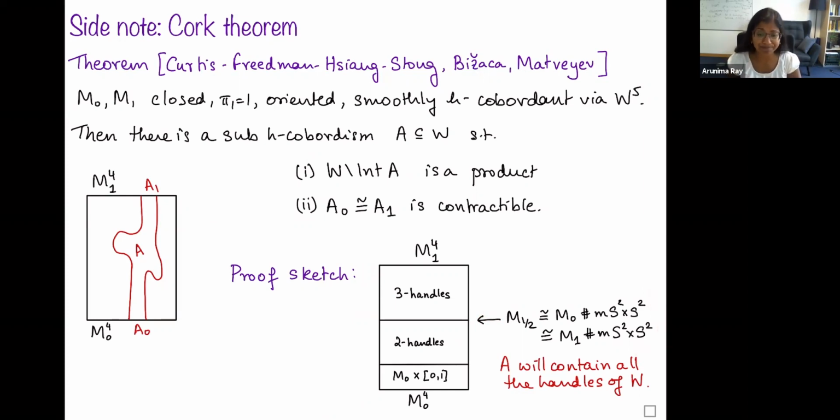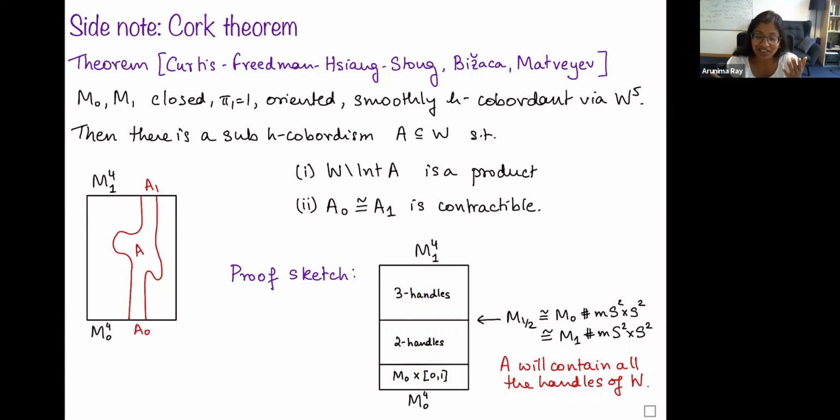It's not a problem. And then how will A live inside of here? We make A contain all of the handles of W. W has just some finite number of handles. So if I make sure that A contains all of those handles, then the complement of it will of course be a product because it doesn't have any handles. And that's precisely what it means to be a product.